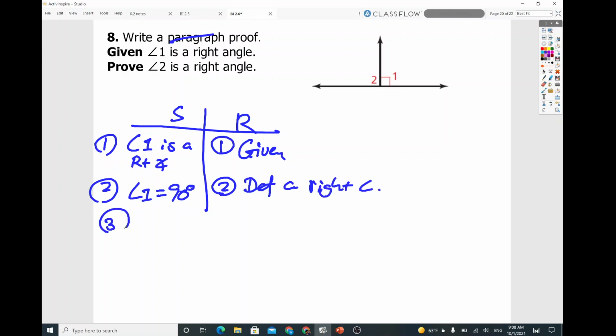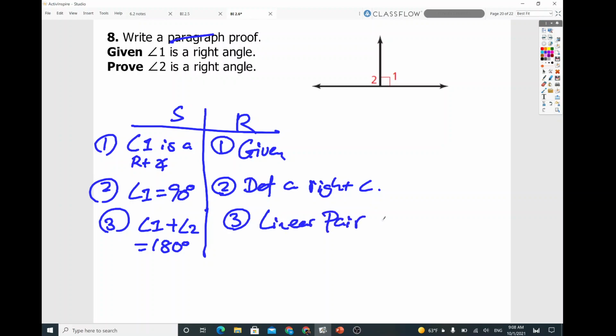And then after that, you can say that angle 1 plus angle 2 equals 180 degrees. This one is the linear pair or supplementary angles. And then the next step: in order to get the measure of angle 2, angle 2 equals 90 degrees.